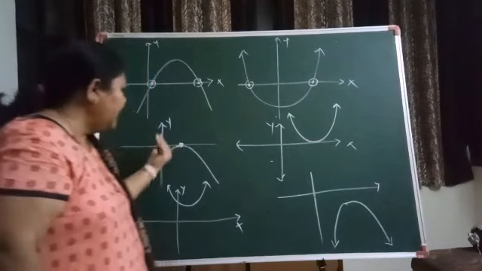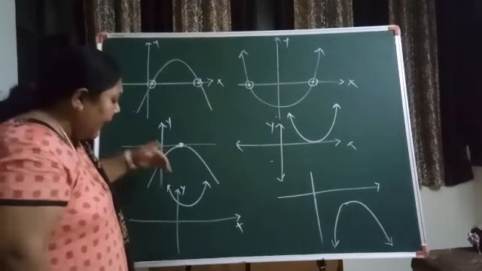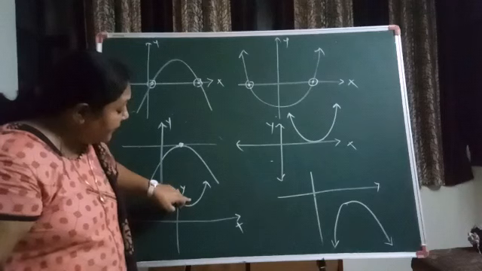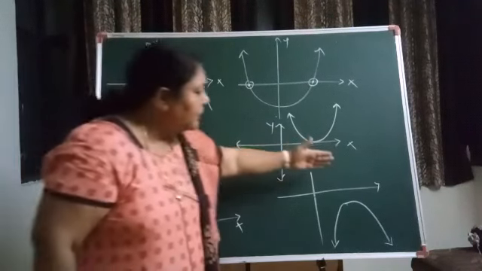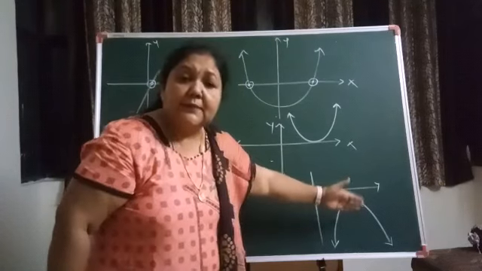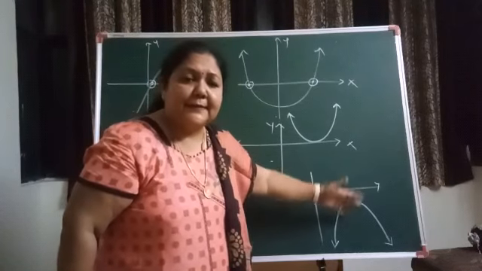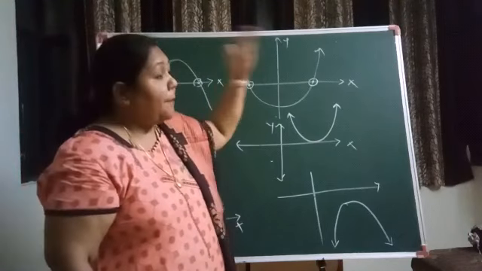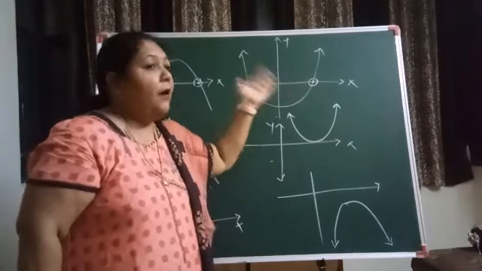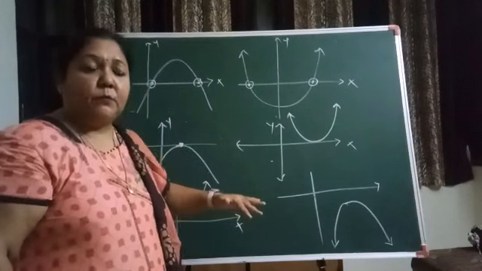One is upward, one is downward opening. Here the graph does not touch the x-axis at all. Here also the graph does not touch the x-axis at all and it is downward opening. That means the graph could be an upward opening or a downward opening parabola.